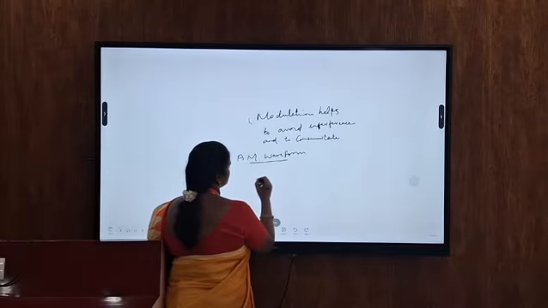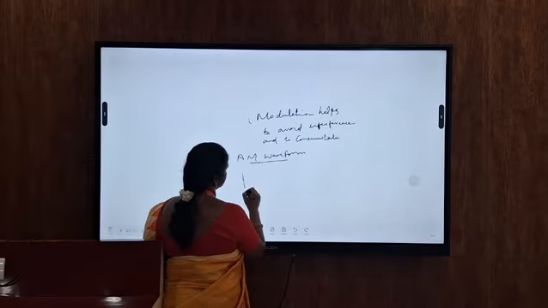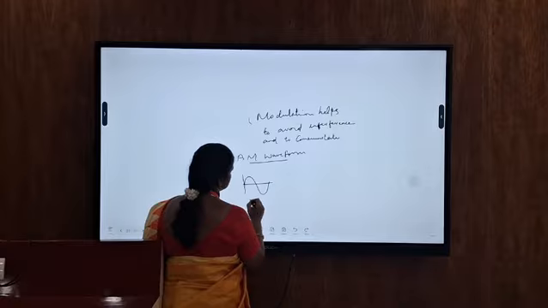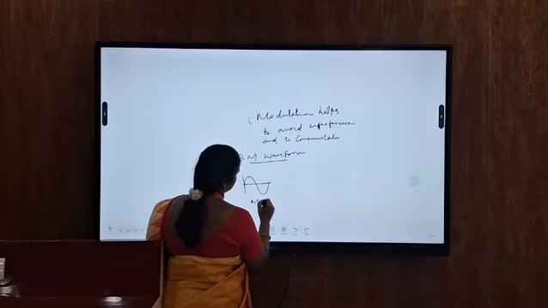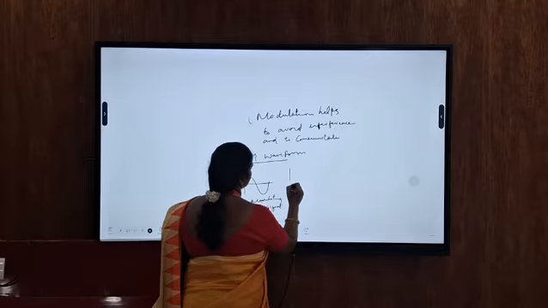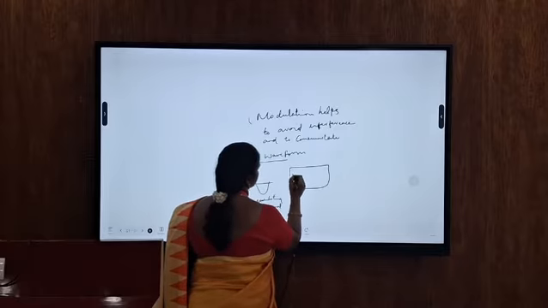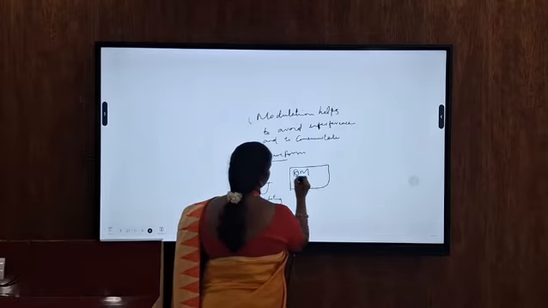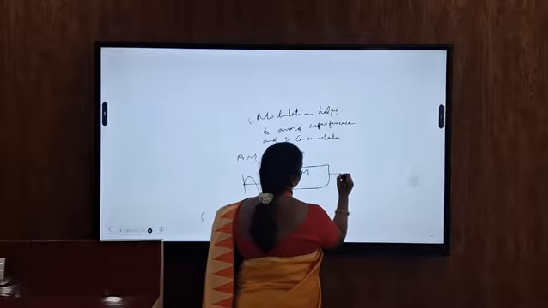For example, we will see the modulating signal. Here the process of AM, amplitude modulation, takes place.